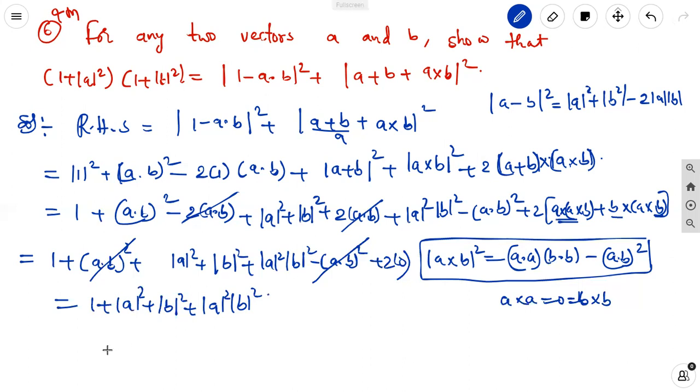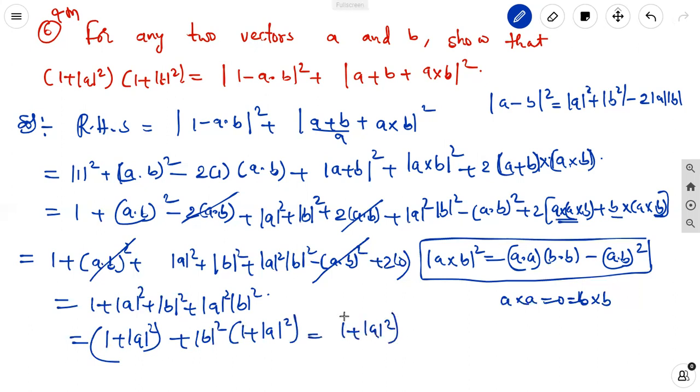Here we can take 1 plus mod a square as one term. In the last two, taking common mod b square, the remaining terms are 1 plus mod a square. It is equal to (1 plus mod a square) into (1 plus mod b square). This is equal to LHS.